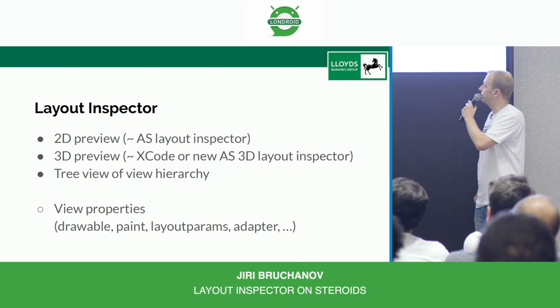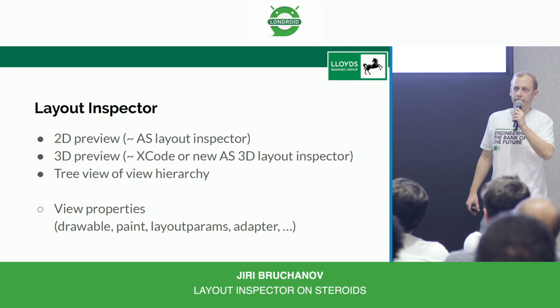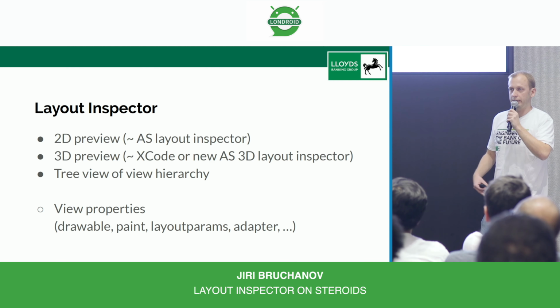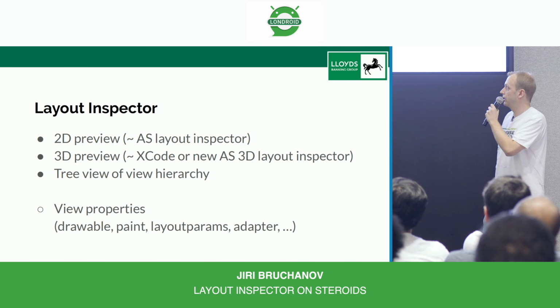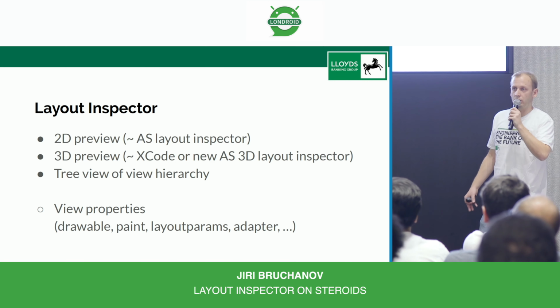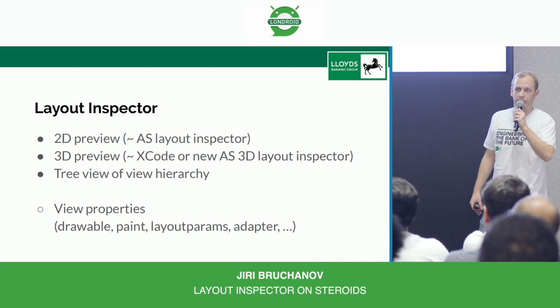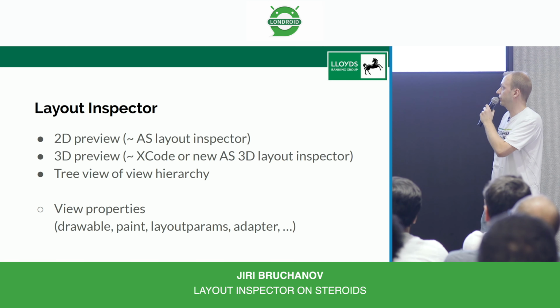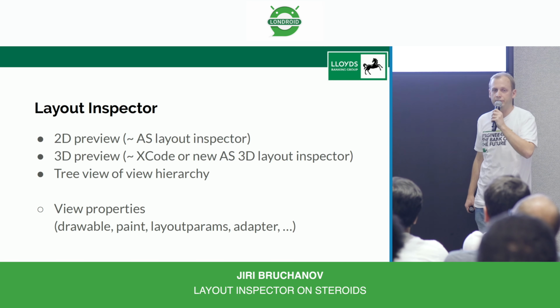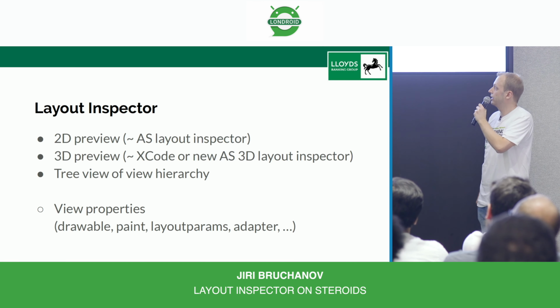And last but not least is a tree view, where you can easily get a tree graph of your view hierarchy to understand how big it is and analyze whether it's too wide or too deep, and potentially find an easy spot for any kind of improvements in terms of the view hierarchy.